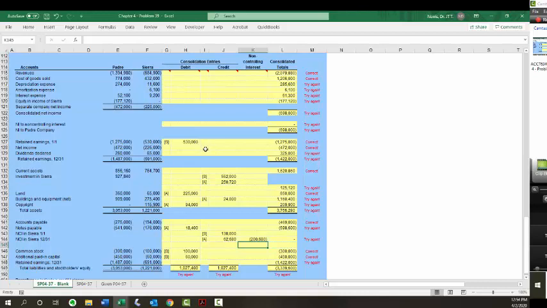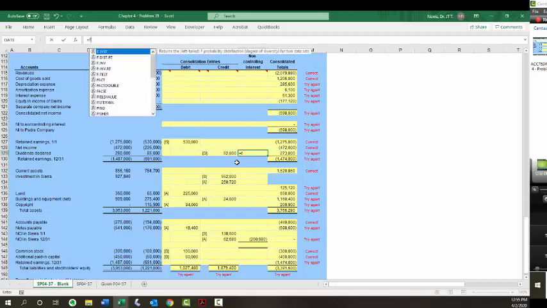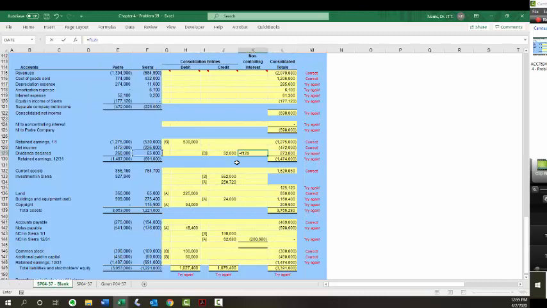The D entry is F129 times 80%. And then F129 times 20%. And then the D entry here, the offsetting debit.